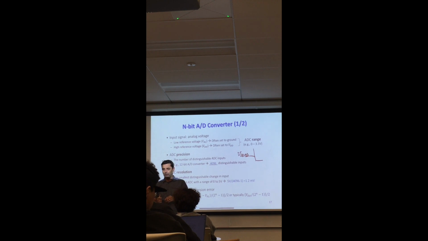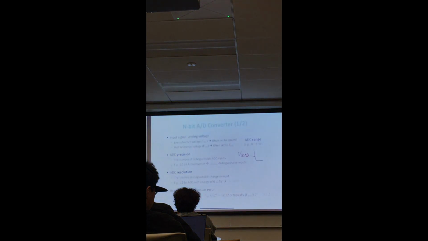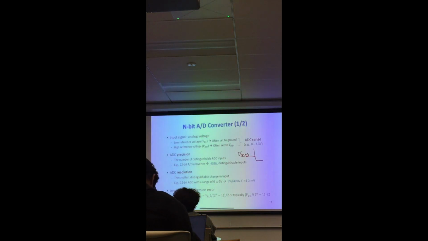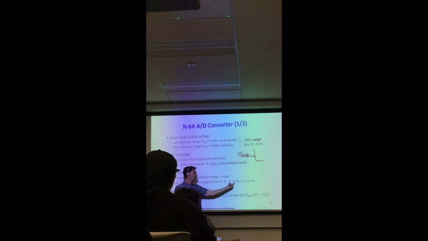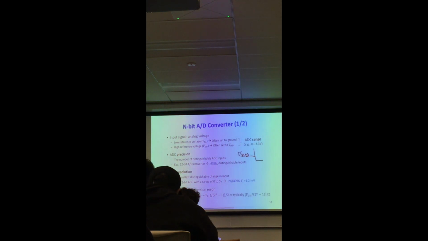So the range will be 1 volt if you have levels 0, 1, 2, 4, 5, right? Or you will be able to resolve it with much more accuracy. So in this case, the resolution itself is simply the range of voltages that you're detecting divided by the number of levels. This will give us the resolution. For average conversion error, you simply divide this number by 2.